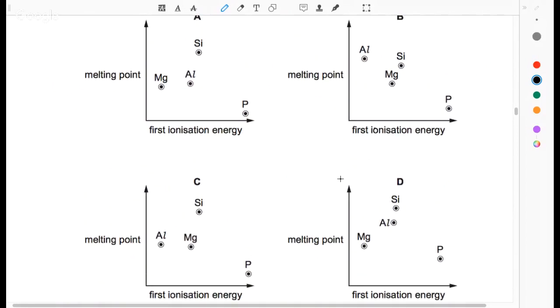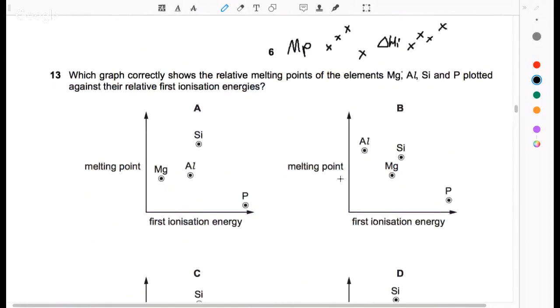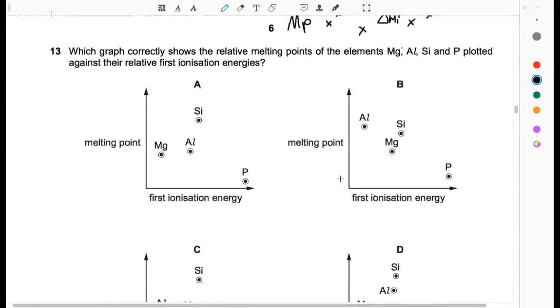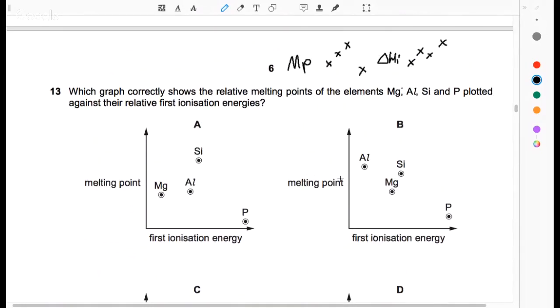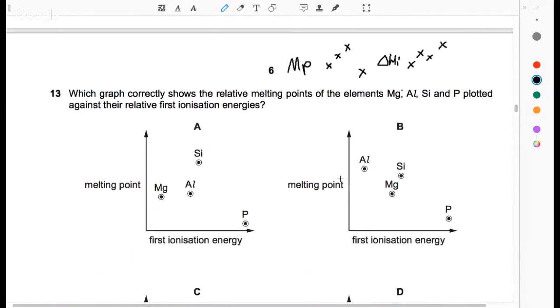So basically ranking. Maybe I should. I'm not sure about this graph, but if you know that it's actually in this pattern. But you cannot compare it directly because it's not the same axis.